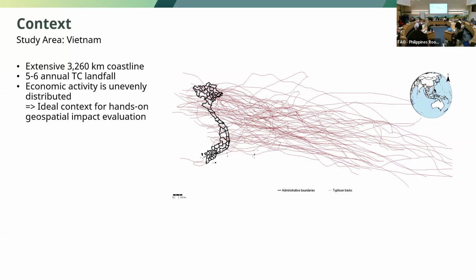In the north, you have the Red River Delta, and in the south, you have the Mekong Delta, which host industrial hubs, very densely populated, and big urban centers such as Hanoi, the capital of Vietnam, but also extensive agricultural production. Meanwhile, the center of Vietnam is predominantly rural and sparsely populated.